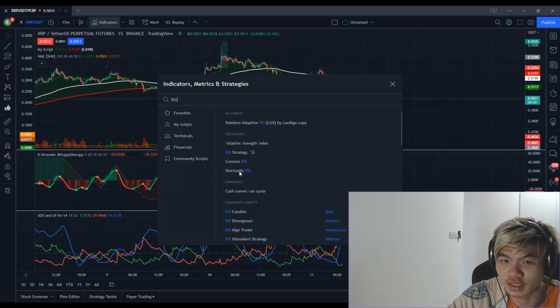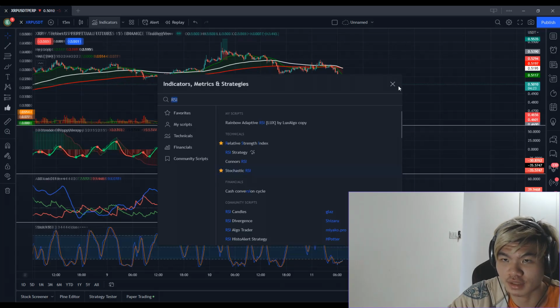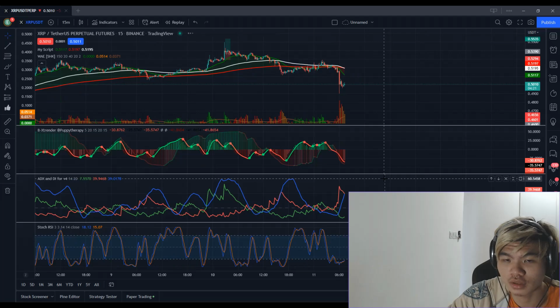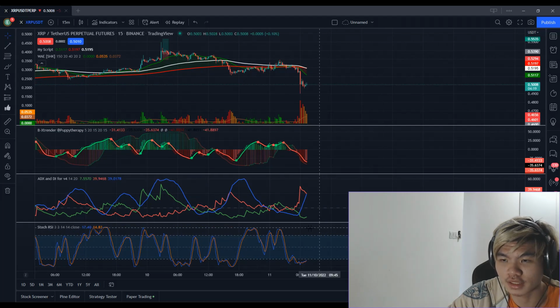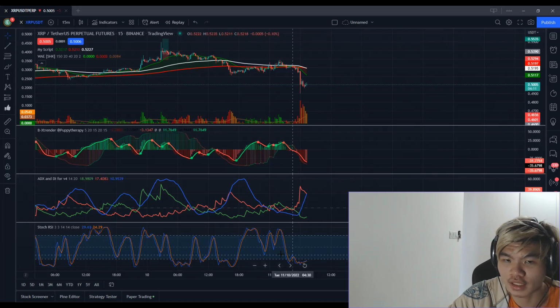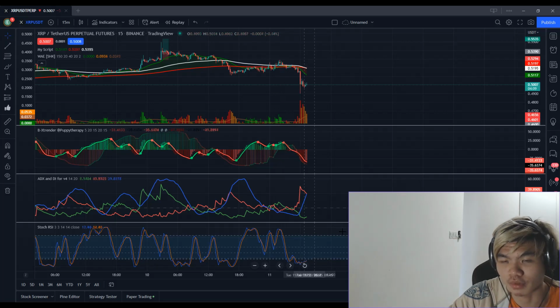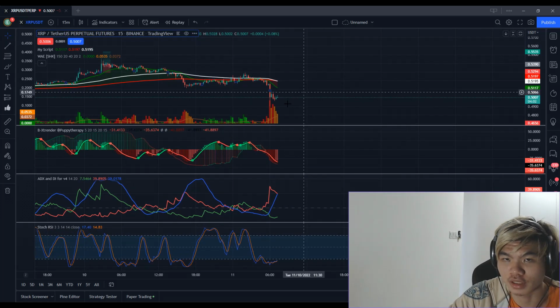You can look at either stochastic RSI or a normal RSI, but since we're going for 15 minutes, it's more of a scalping strategy, so we can just add the stochastic RSI. I don't think I need to explain this, but the lines here, 75 and 25, represent oversold and overbought. If an asset is oversold, you should probably long it. If an asset is overbought, you should probably short it. So in this scenario, right now, you should be longing this.